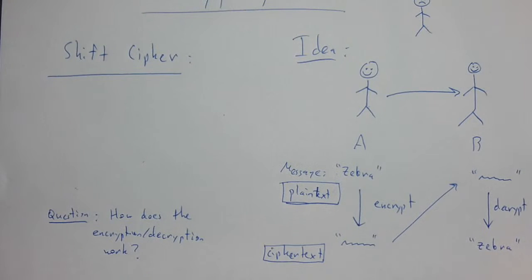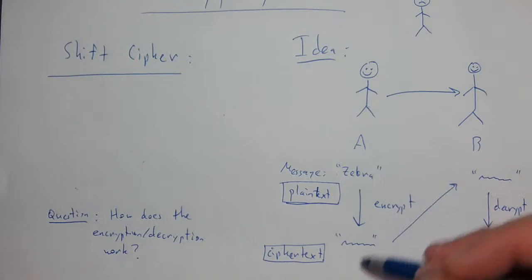The idea is that the process by which this plain text is encrypted is going to involve some mathematical process, and then ideally the decryption process is going to be either directly some sort of mathematical inverse or some kind of process that can be reversed.